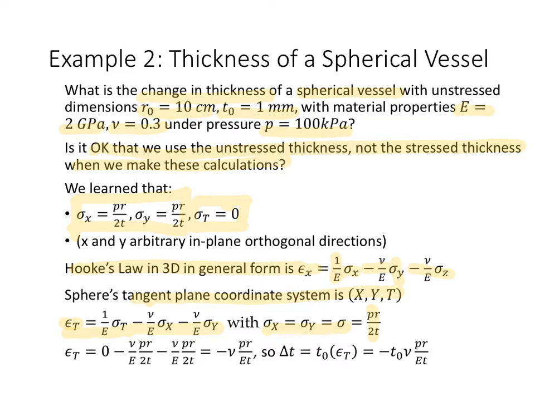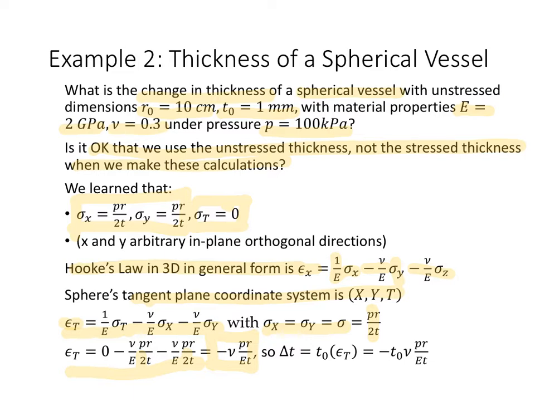So that means the strain is 0 minus the same term twice, and that 2 cancels the 2 on the bottom, giving us that the strain is minus the Poisson ratio times PR over ET.